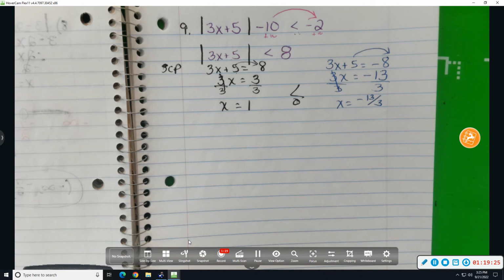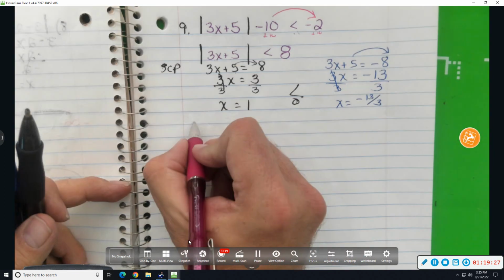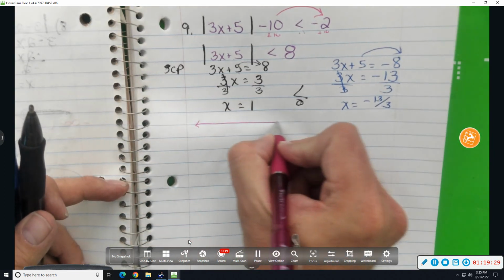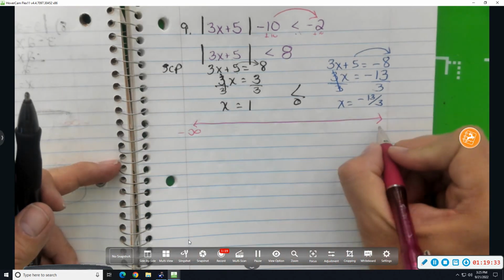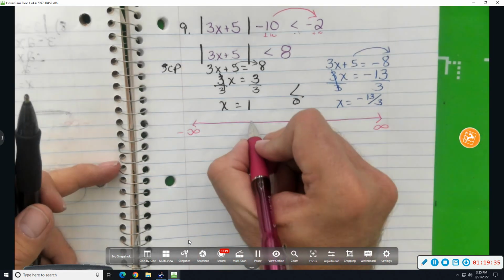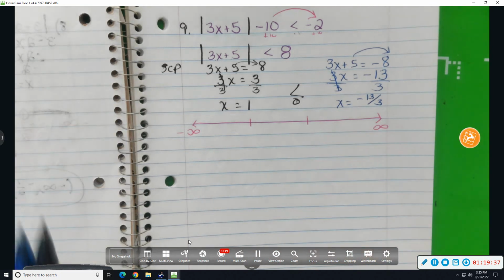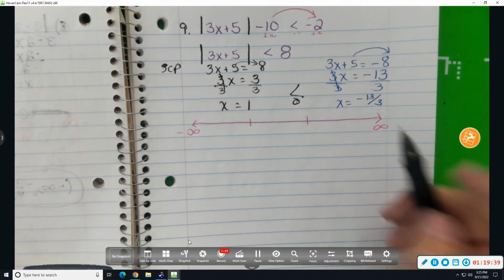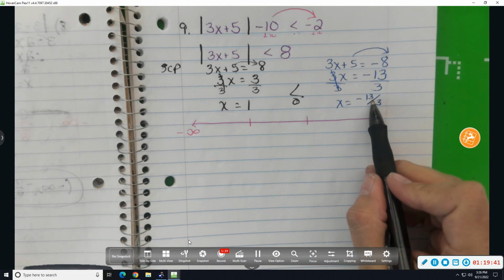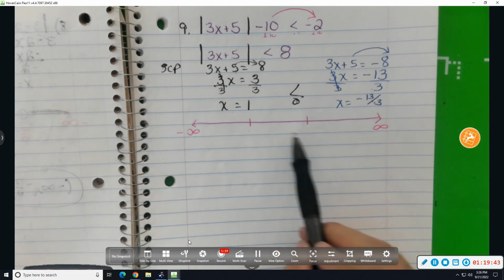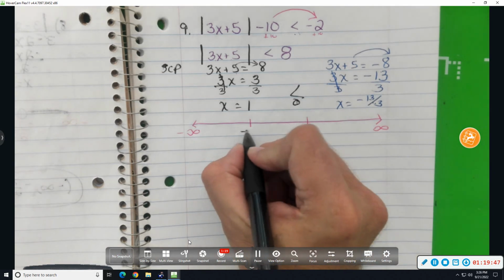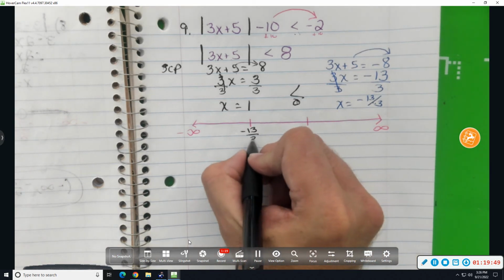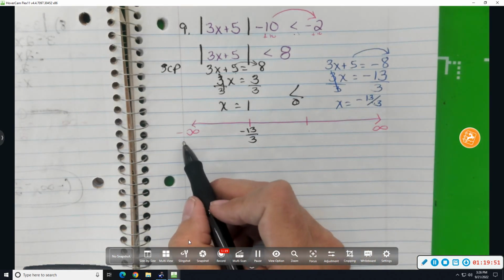So let me draw my number line. Negative infinity, positive infinity. Let's see. The negative, should it go first or second? Yeah, it's going to go right here. And negative 13 over 3 is the one that should be closer to the negative infinity.